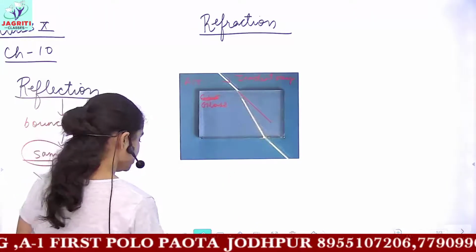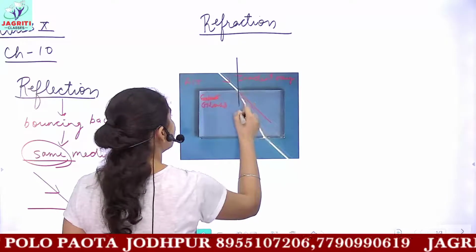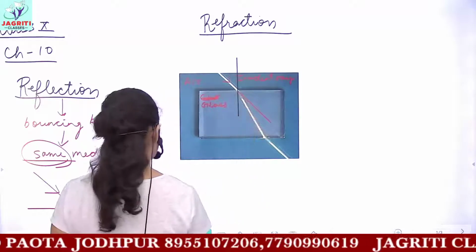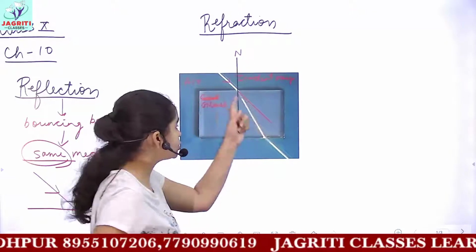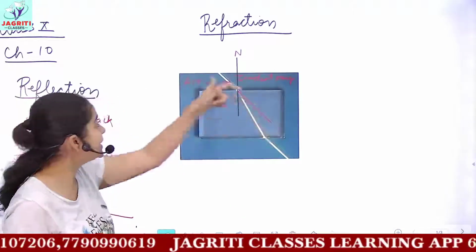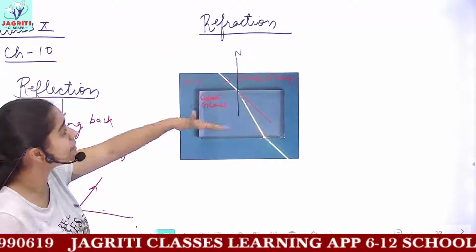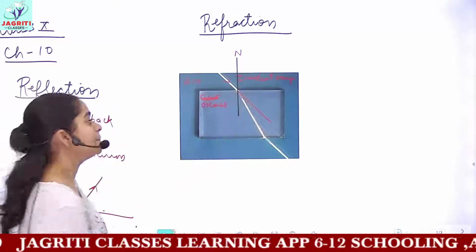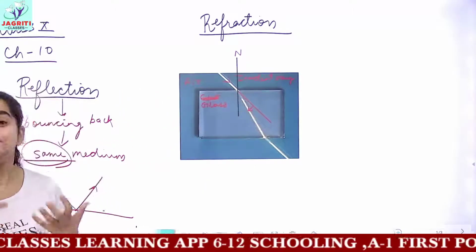And if I draw a straight line here, then this straight line would be the normal. This is the original path where the incident ray should move. But because it is entering a different medium from the previous one, that is, it is entering glass, it shows certain bending. And this bending of light is known as refraction.